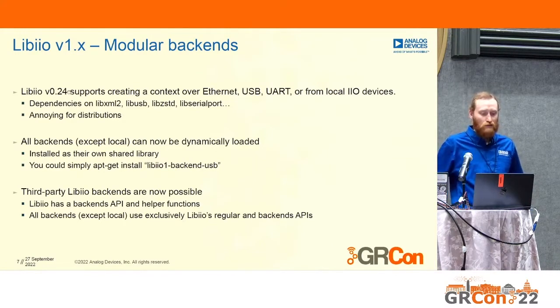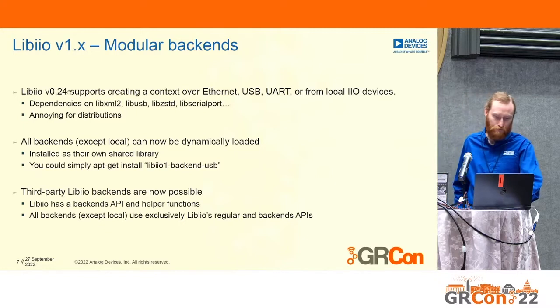It also means that third-party backends can be written. There is a backends API that you can use to create your own backend. All the backends in Libiio, the network backend, the USB backend, UART, etc., they use exclusively the backends API and the regular application API. So they don't try to tamper with internal functions and structures.